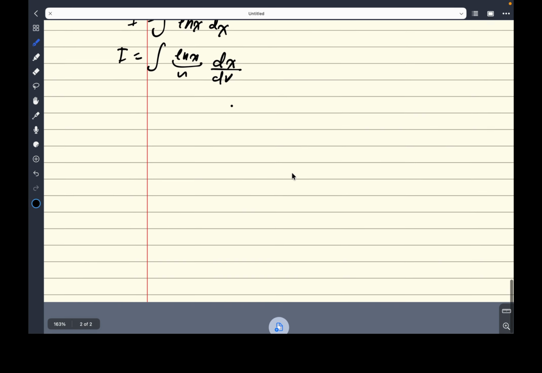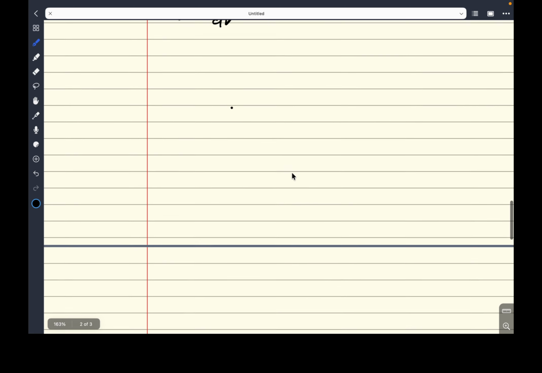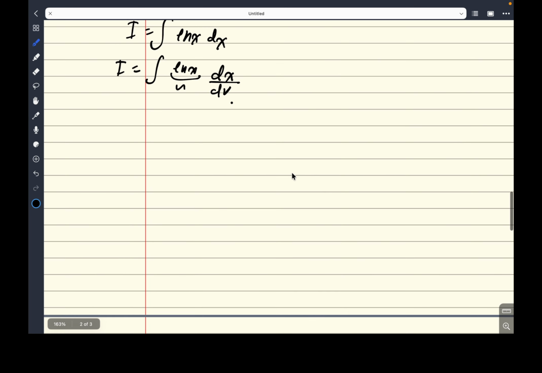Let me create more space here because I'm going to need it. Integration by parts says that if I have an integral of u dv, it's going to be uv minus the integral of v du. My u here is ln x, du is 1 over x dx.